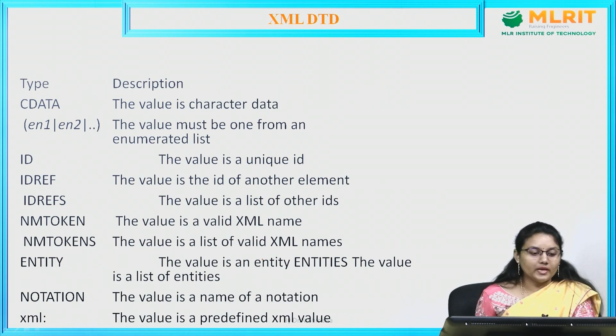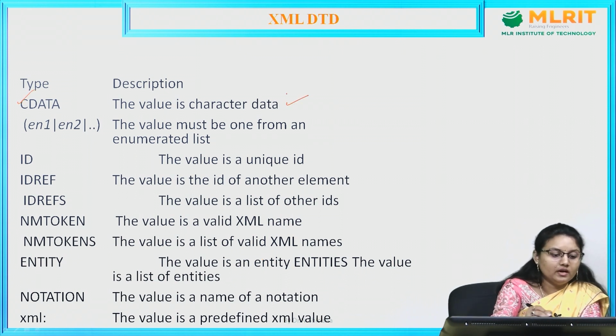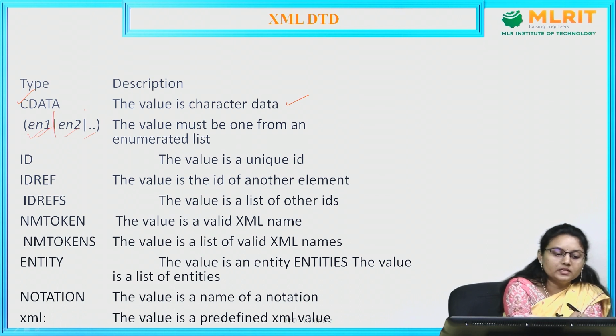So in XML there are a few attribute types that you can define within the DTD. One is CDATA, character data. Then enumerated lists, like enumeration 1, 2, if you want to define multiple values like message body, these are separated by pipes.